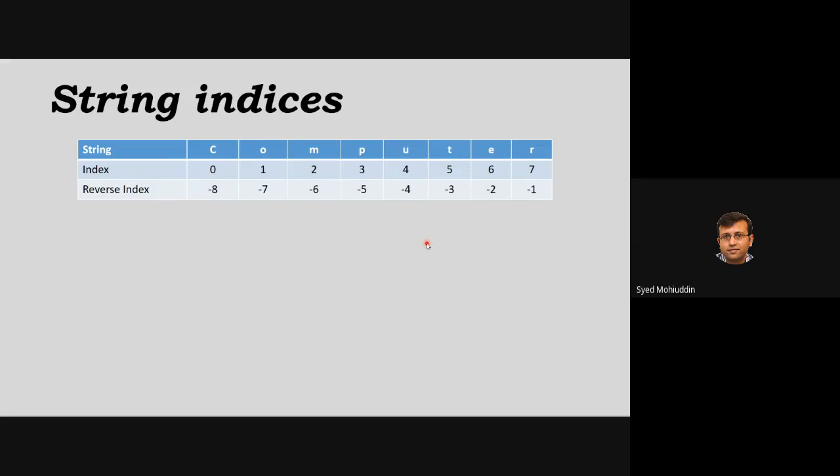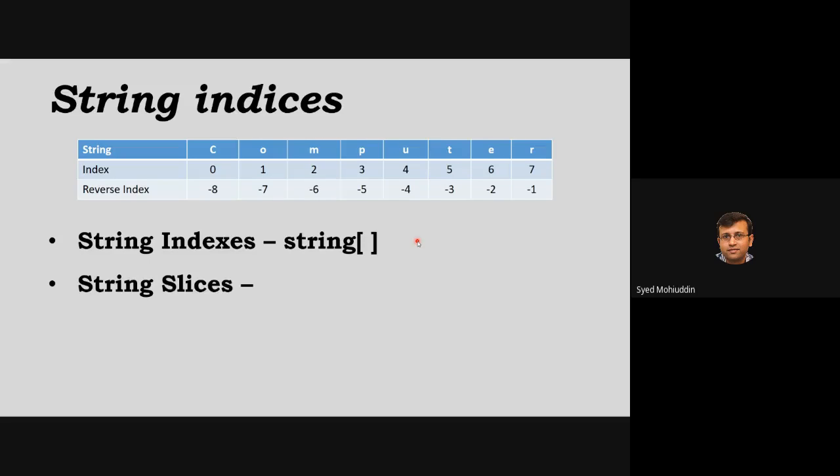Suppose we do index, obviously indexes are used with square brackets. So index of 7, square bracket 7, I will be getting R as the character. I can also use index of -1, which will also give me R as the character.